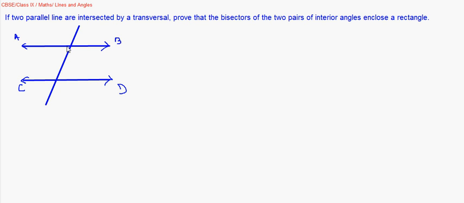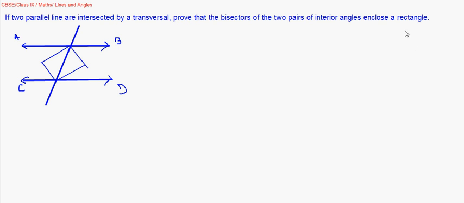Let us draw. This is an interior angle. Let me bisect that. I have to bisect this as well. Oh, that doesn't look like a bisector though. Anyways, I draw the bisector here. I'll also have to draw the other bisector, and this is how the figure would look.